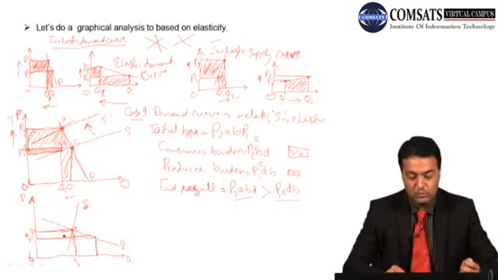The price goes down from P to P1. It's not writing properly. There you go, P to P1, and the quantity demanded goes from Q to Q1.